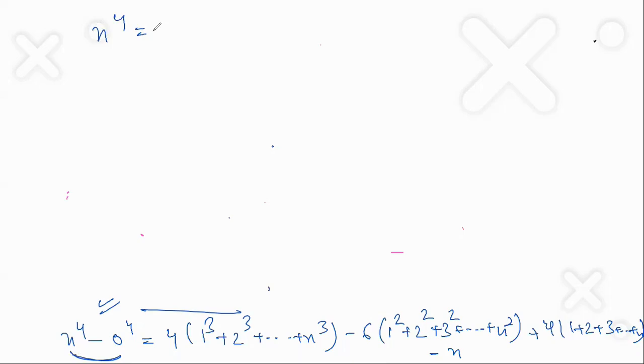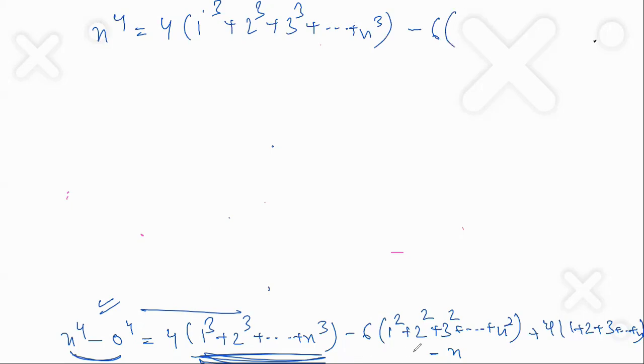We are left with this here, 4 into, we have to find out the value of this. So we are doing the proof of this only. We are not touching it; we will leave it like this only. Minus 6 into, we have done the sum of the squares of n natural numbers. We have the formula. Please see the previous video for that. I will put the link in the description box.